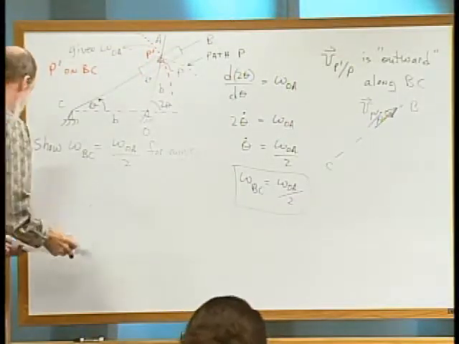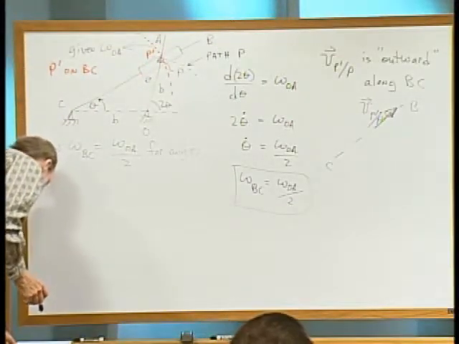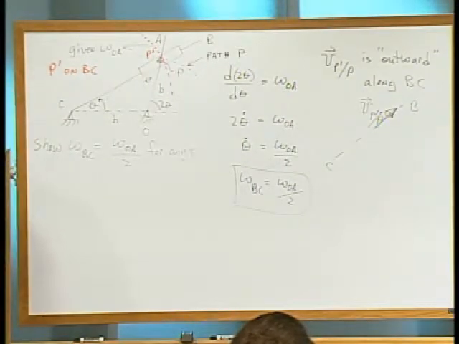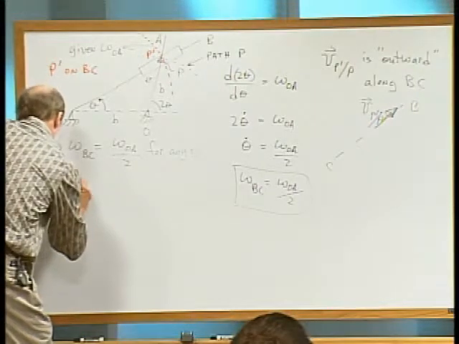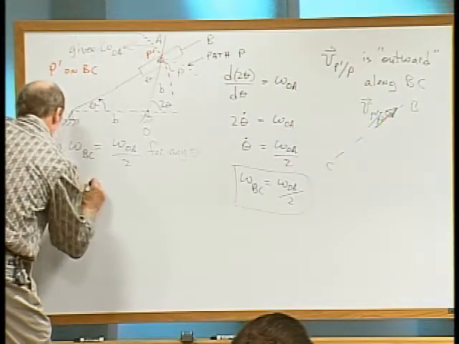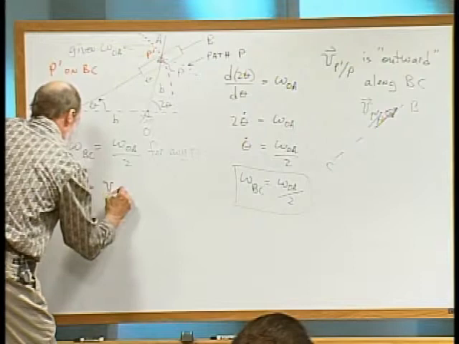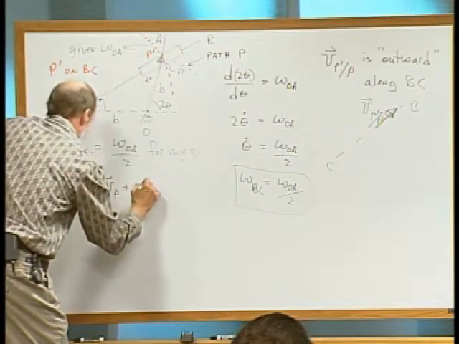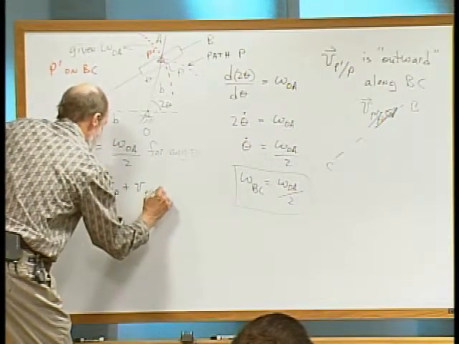I wanted to write, and my work didn't quite come out the way I'd hoped it would. If I write the velocity of P prime is equal to the velocity of P plus the velocity of P prime relative to P.